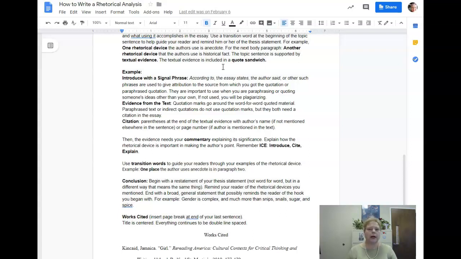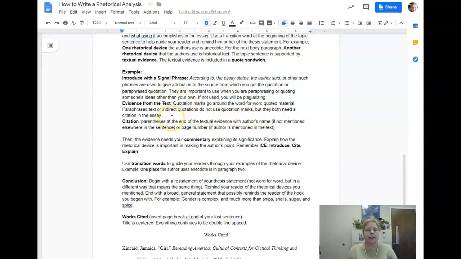Some people call that a signal phrase, an attributive tag, but it lets the reader know that this is not your words. So you could say something like, according to the essay, or the author states, or something else that just alerts your reader to know this is not your example, this is something you got from the actual text that you're writing about.